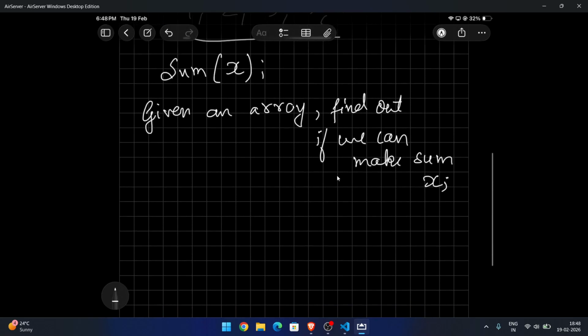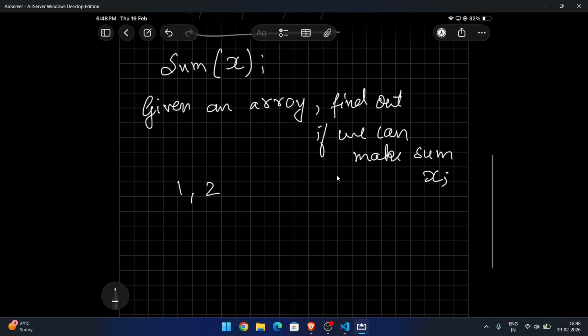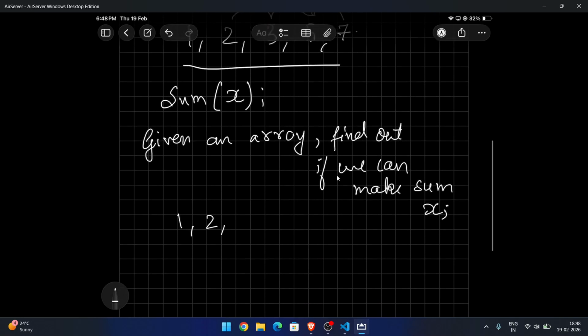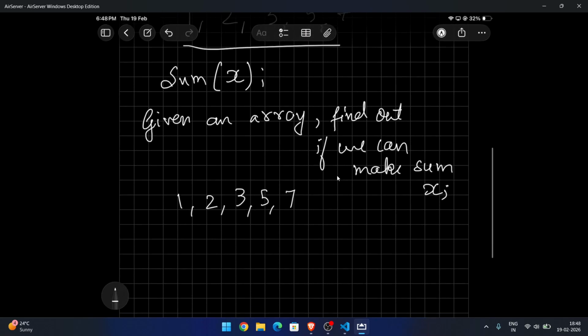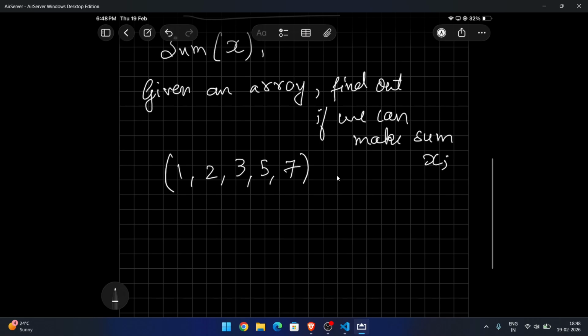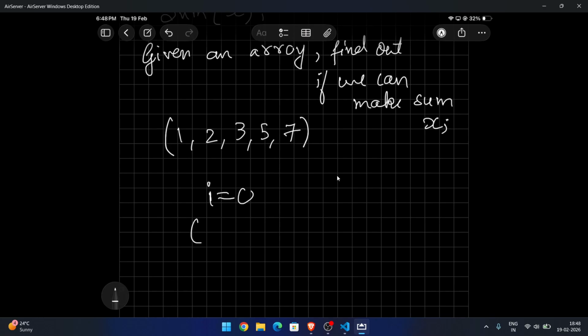So let's start. Suppose we are at the starting point, at index i equal to 0, and the initial sum is 0.